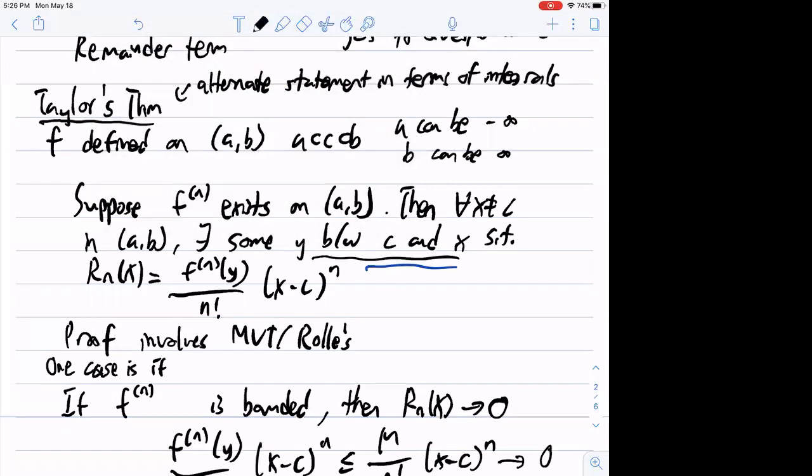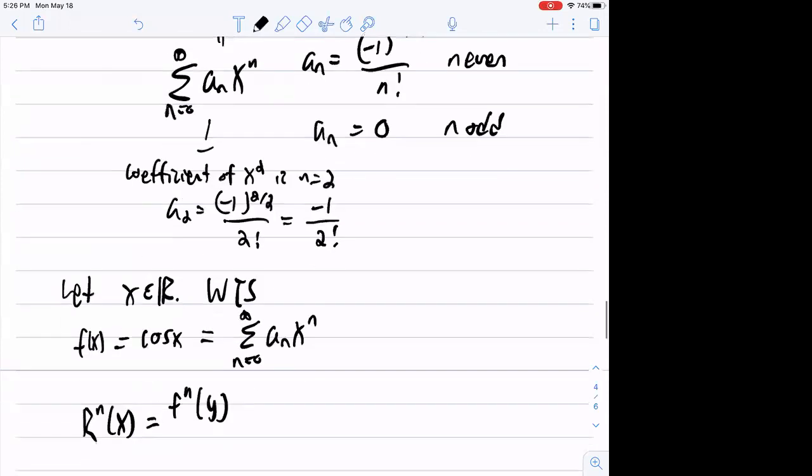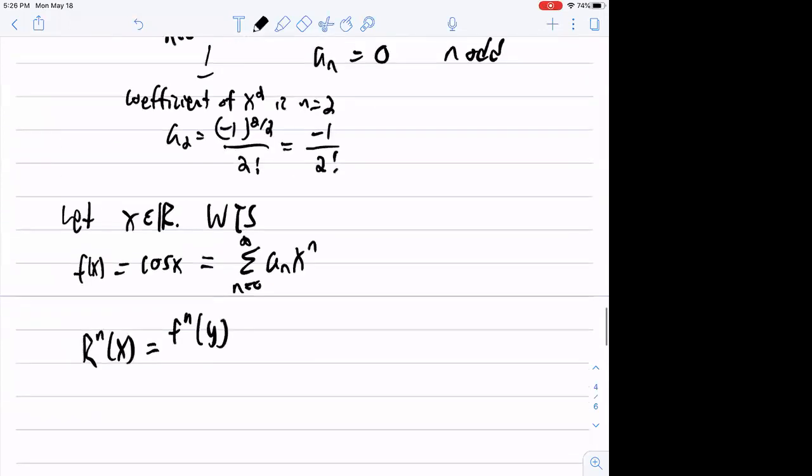So we are between 0 and x. So for some y between 0 and x, it's fn of y over n factorial, and then it's x minus c to the n, but c is 0. So this is just x to the n.